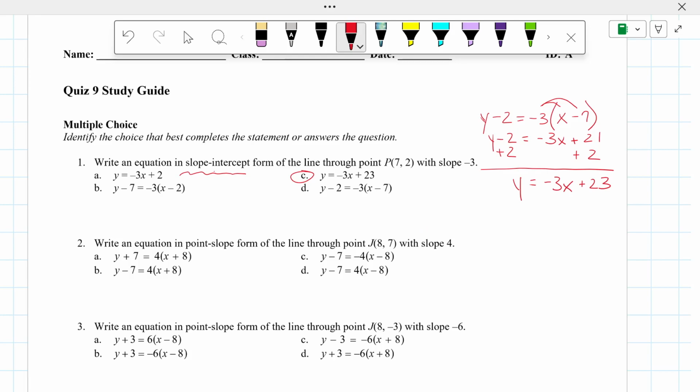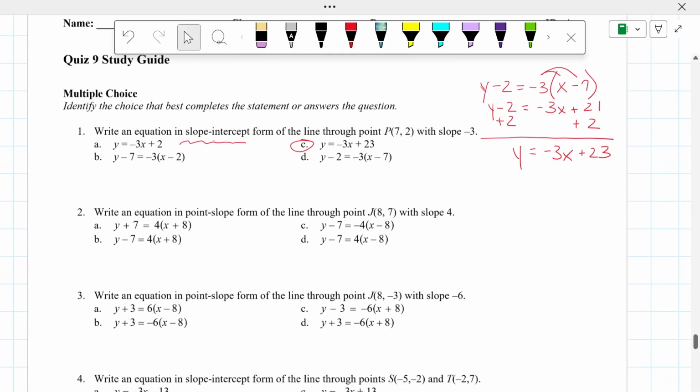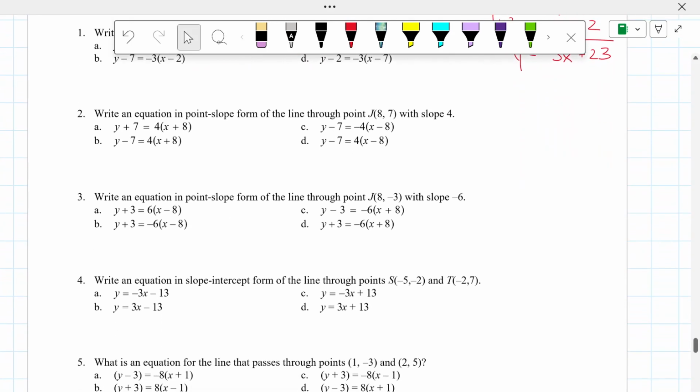All right, problem number 2. Write an equation in point-slope form of a line through the point 8, 7 with slope 4. All right, so point-slope form, this is going to be the letter y and the opposite of the y value given.